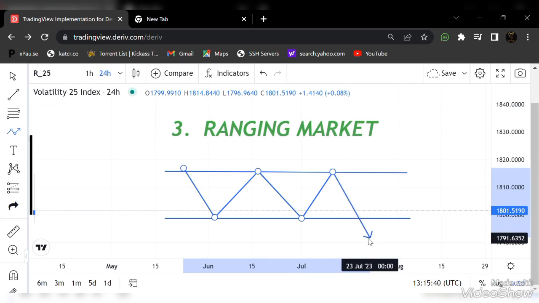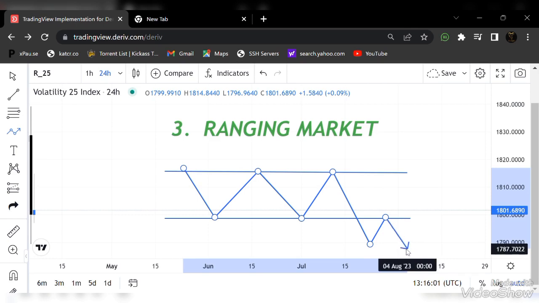This indicates that the market has now chosen a direction, because a range market indicates indecision within the market. So once price breaks this support right here, there is a high chance that it will retest right here, and then go down.